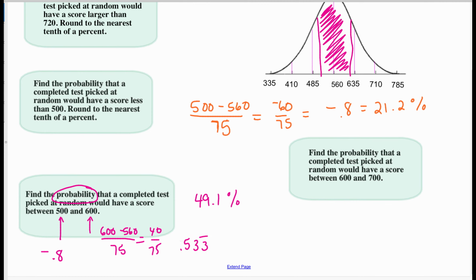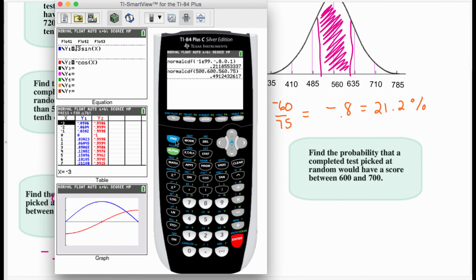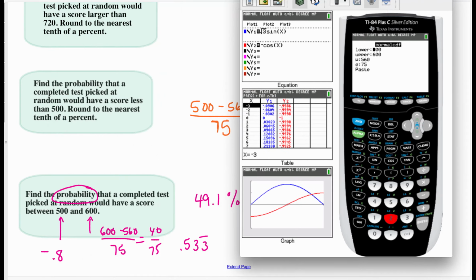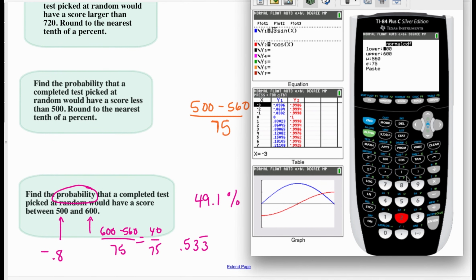So if I were to go into my distribution and use z-scores and not actual scores, my lower z-score is negative 0.8. My upper z-score is 0.533333. My average is always 0. My standard deviation is always 1. Voila. Same number.